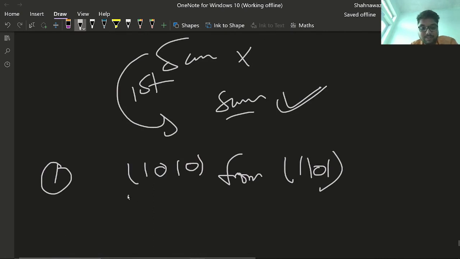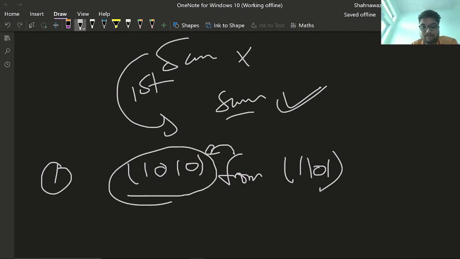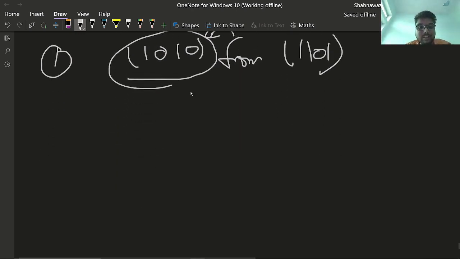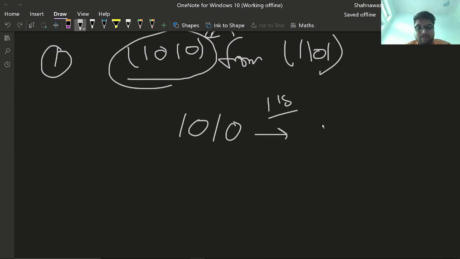The number written before "from" is the number that has to be subtracted. So we have to find its one's complement. The one's complement of this number will be 0 1 0 1.